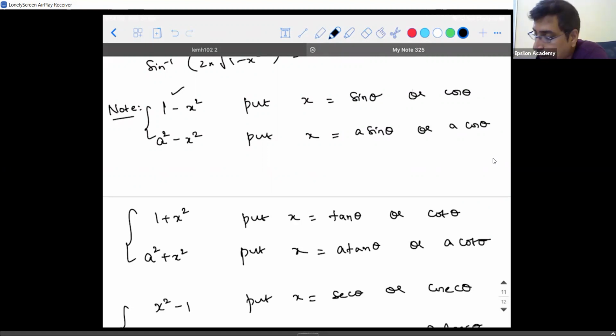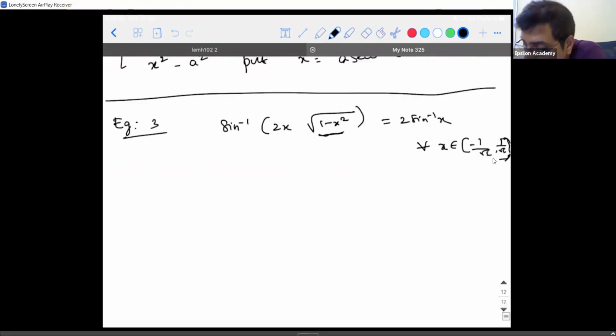But in this problem, do I need to put it as sine theta or cos theta? The idea for that will come from what you are asked to prove. You are asked to prove that it is 2 sine inverse of x, no?